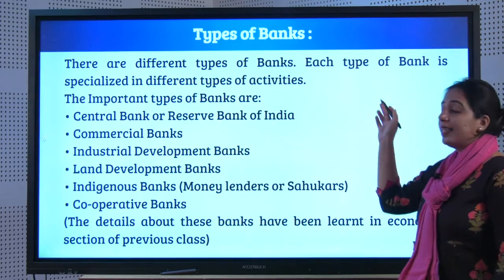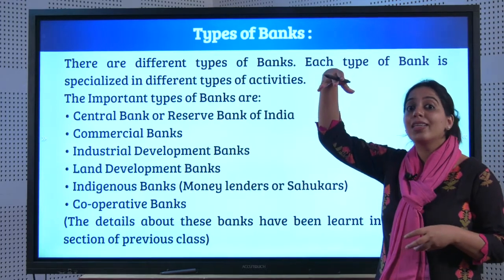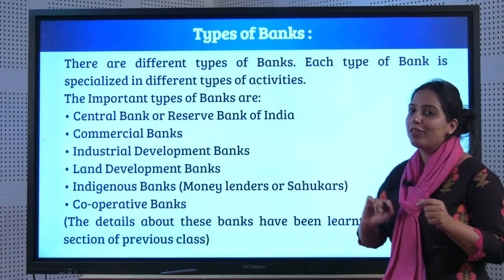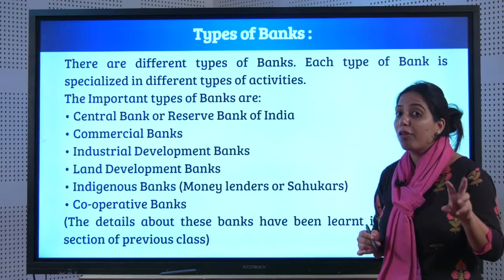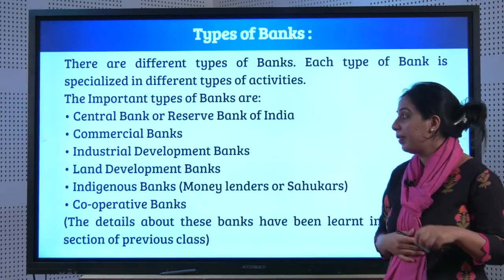Now we will learn the various types of banks in India. First is the mother of all banks. Do you all remember? Yes, the Reserve Bank of India. Second, commercial banks. These are banks that have profit as their main motive. Third, industrial development banks.